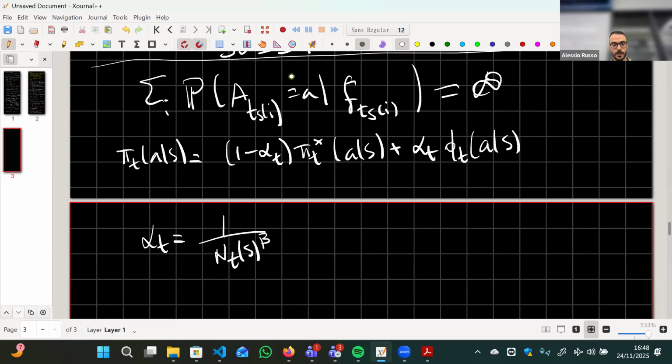And beta is just some coefficient that you can choose as you want.